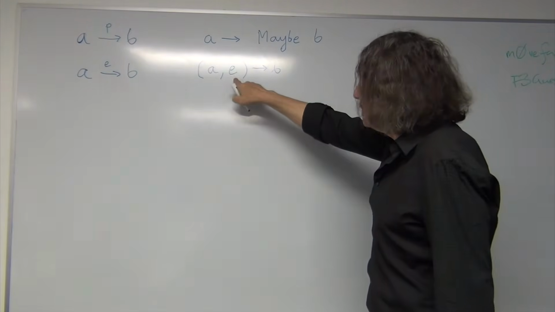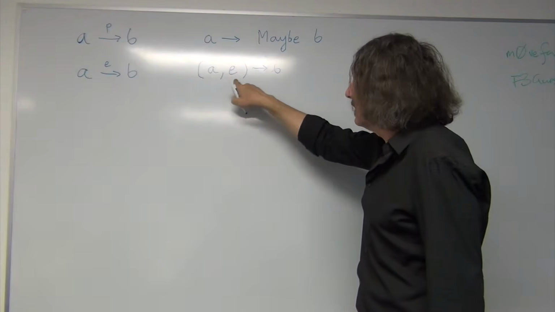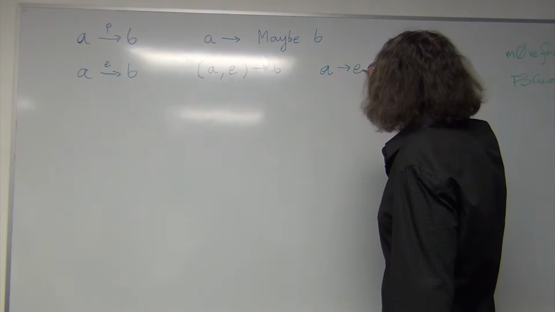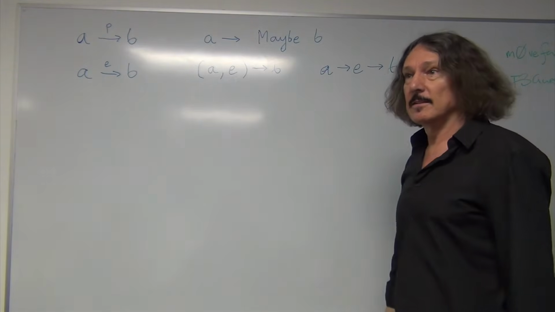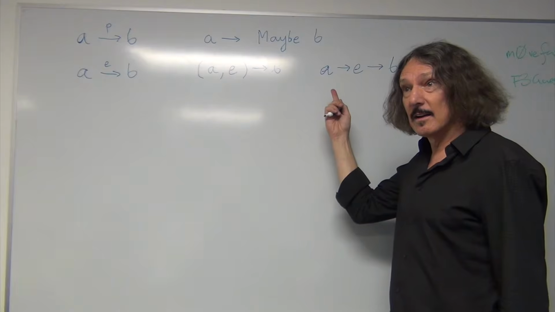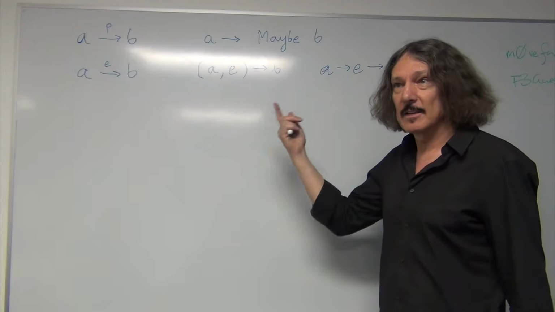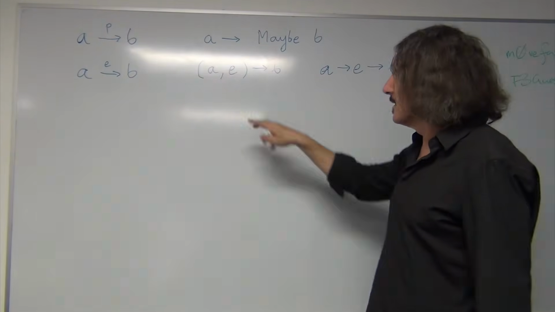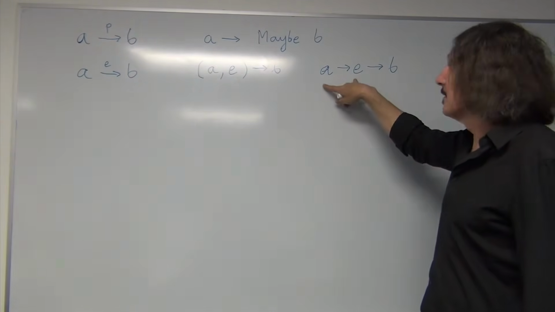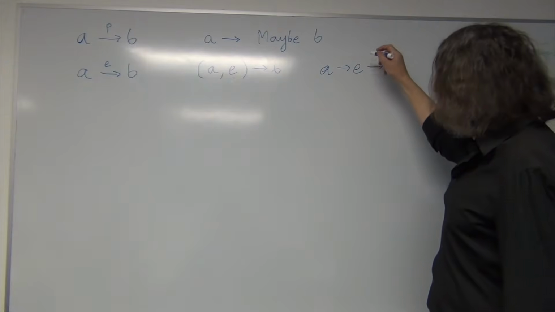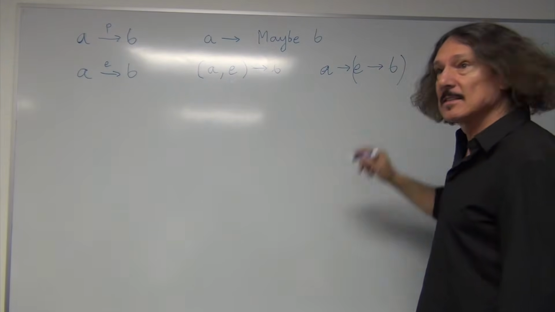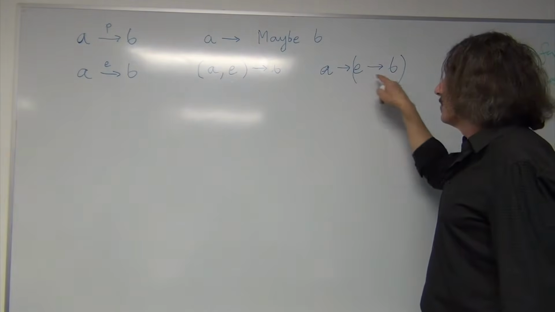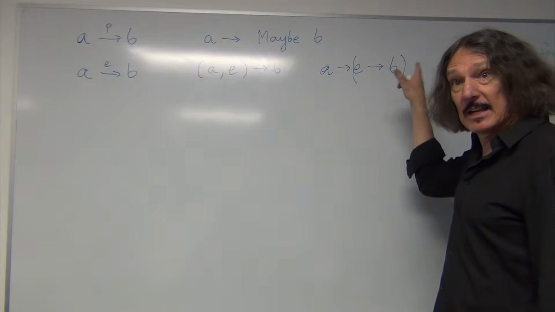This is really a function of two arguments, A and E. A function of two arguments can also be written as A arrow E arrow B. It's the same thing, just curried. It's a way of seeing a function of two arguments as a function returning a function. We can even put parentheses here to stress that this is a function returning a function, although they are redundant.